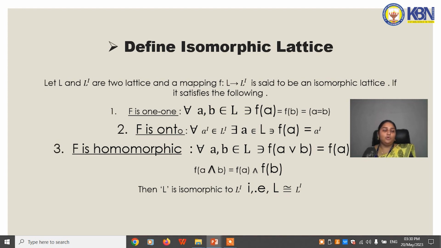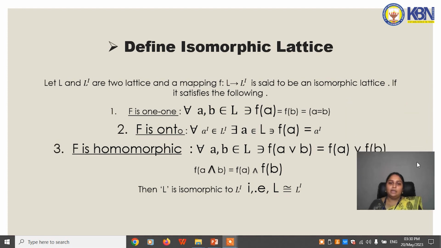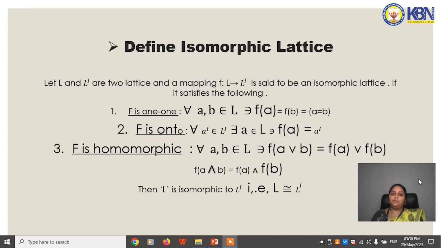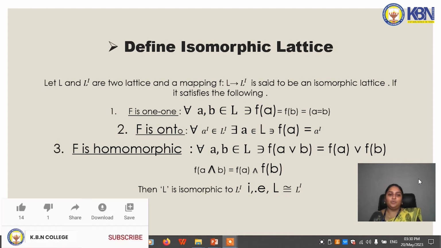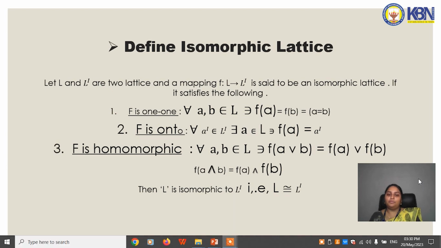And the third one is homomorphism. That means preserving the operations, that is, for every A, B belonging to L, F of (A join B) is equal to F of A join F of B. It is a homomorphism for join. Similarly, for the meet, F of (A meet B) is equal to F of A meet F of B. If F satisfies all three conditions, F is one-to-one, F is onto and F is a homomorphism, then that function F is said to be an isomorphism, and it can also be pronounced as L is isomorphic to L dash.